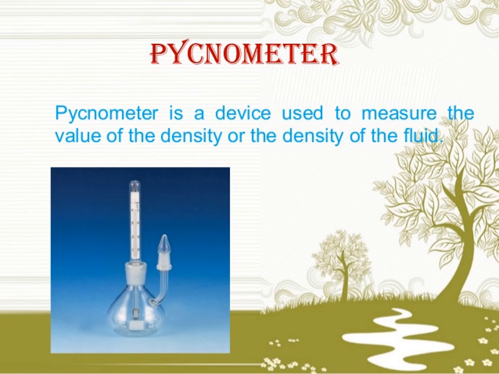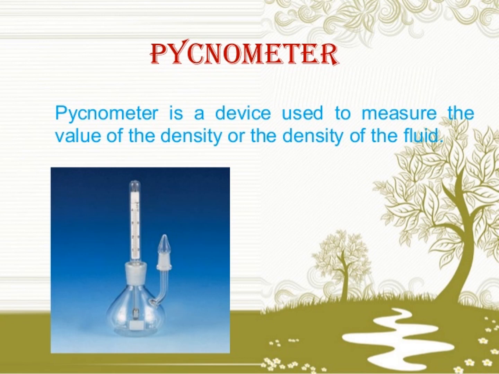The function of the hole in the stopper is that when the bottle is filled and the stopper is inserted, the excess liquid rises through the hole and runs down outside the bottle. By this way, the bottle will always contain the same volume of whatever liquid is filled in, provided the temperature remains constant.